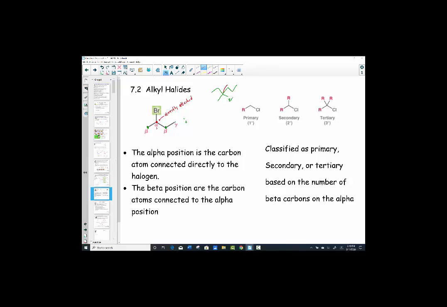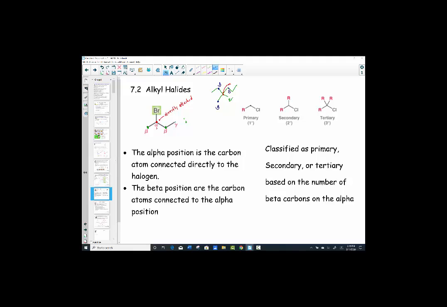So here is the carbon that's attached to the halogen. So that would be an alpha carbon. I then notice that I have one adjacent carbon there. That's beta. I have one adjacent carbon there. That's beta. And I have one adjacent carbon there. That would also be beta.